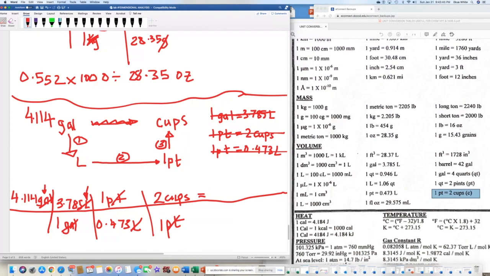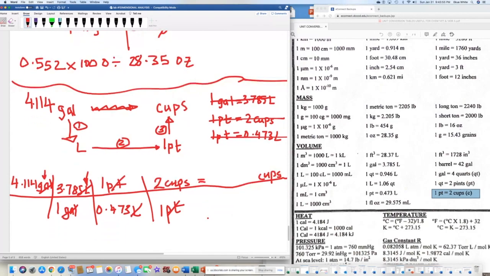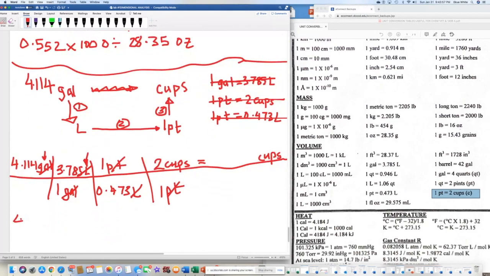Now, as usual, multiply all the top numbers, divide the bottom one, and then you get your answer. It'll be in the units cups. So what's gonna be the bottom number if they're all getting canceled out? You multiply the top number 4.11 times 3.785.